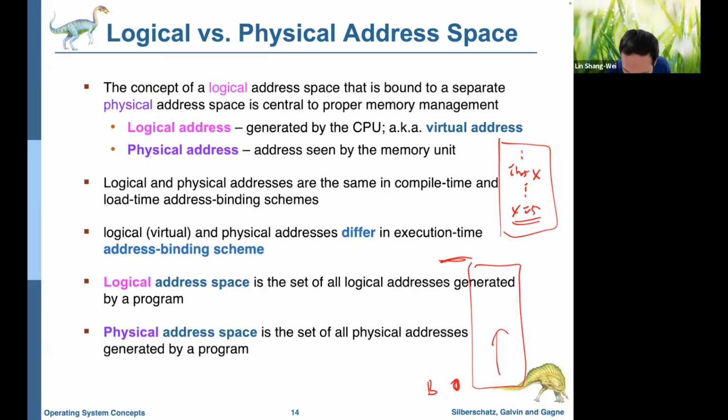For example, you have B plus 14 and you want to access it. The CPU will say, I want to access logical address byte 14, and then this will be translated into a physical address by the MMU. Later on, I'm going to talk about this. So that's why we call it logical address.